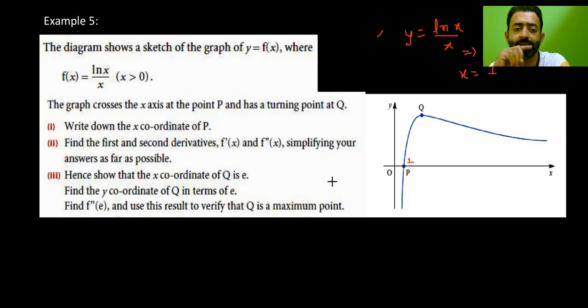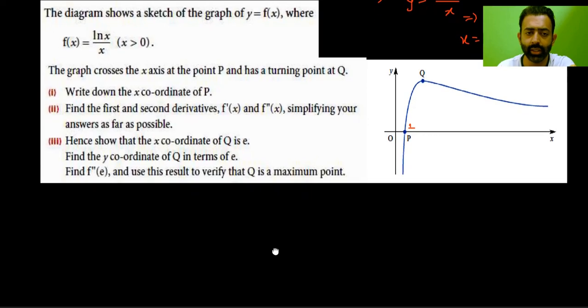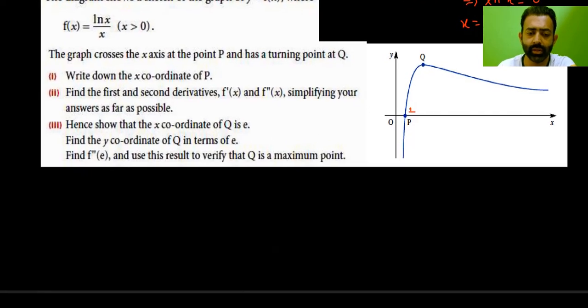Then the second part says find the first and second derivatives, f dash x and f double dash x, simplifying your answers as far as possible. So let us differentiate this f(x) equal to ln x upon x. f dash x you will get by using the quotient rule.